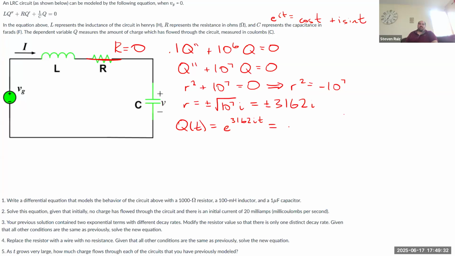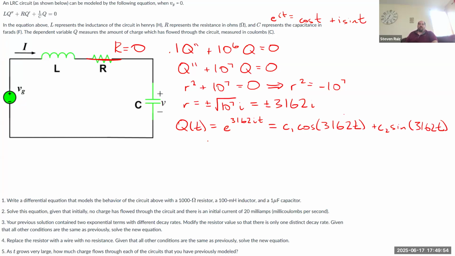As with any complementary solution, until I apply the initial values, the constants are just unknown. So C1 times the cosine of 3162t plus C2 times the sine of 3162t.